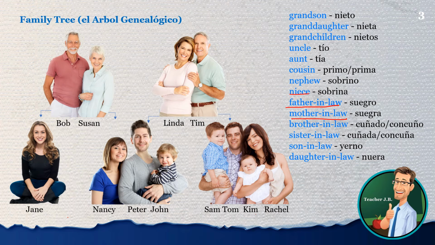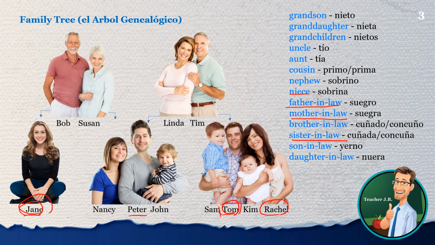Okay, the only person who has a brother-in-law is Jane. Jane has a brother-in-law, and he is Peter. Peter doesn't have a brother-in-law. Tom doesn't have a brother-in-law. And sister-in-law. Okay. Nancy is Tom's sister-in-law, and Jane is Peter's sister-in-law, and Rachel is Peter's sister-in-law.